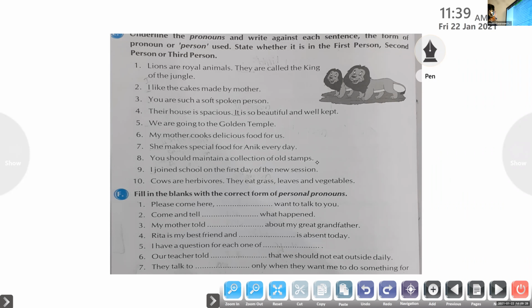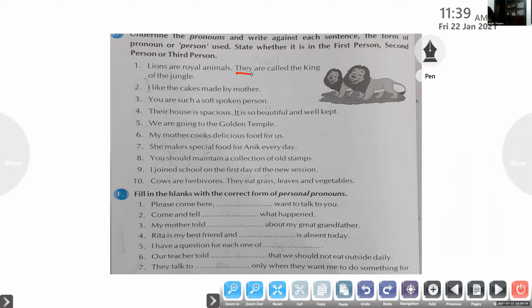Yes, Ma'am, lions are royal animals. They are called the king of the jungle. Okay, so pick out the pronoun from the sentence. They. Very good. They. Then what person is it?